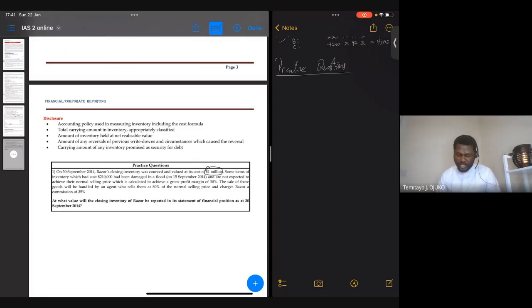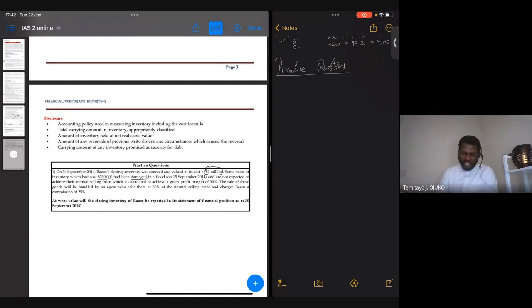Right? Now, some items of inventory which had cost 210, take note of that, had been damaged. Now, immediately you see the word damage, something should be reflecting. In a flood on 15th September 2014, which is before the end of the reporting period, because this timing also a bit is going to be affected in the case of IAS 10, whether it is an adjusting event or non-adjusting event.